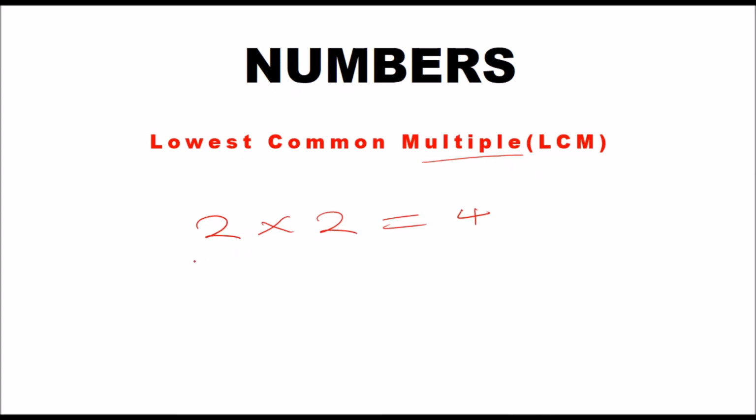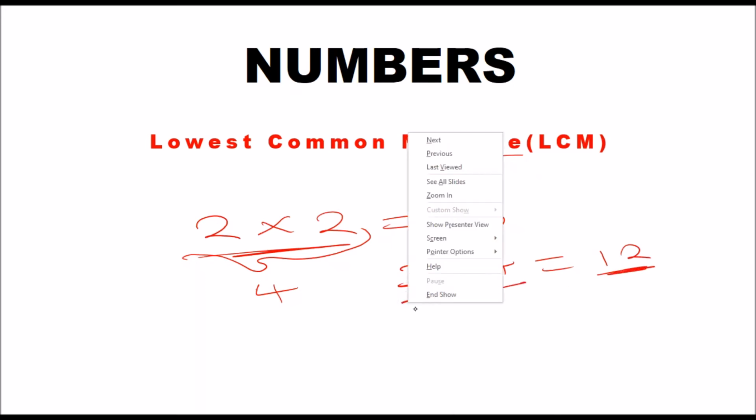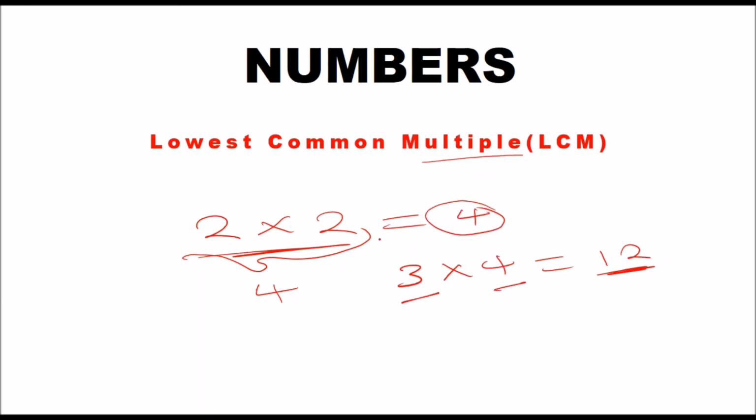So these are the factors of 4, but 4 is a multiple of 2. A multiple is a number obtained after multiplying two or more numbers. For example, 3 times 4 gives us 12. This 12 is a multiple of 4 and of 3.